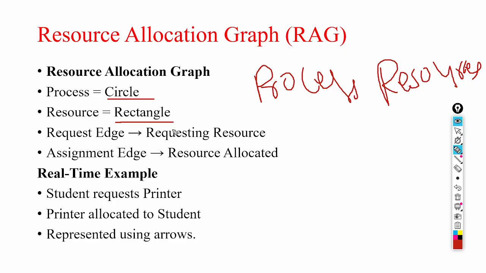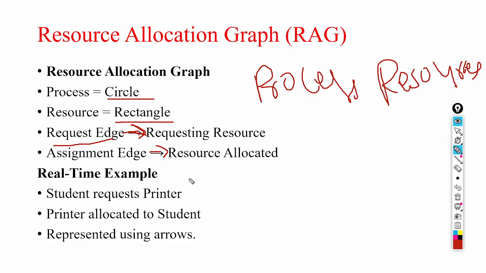If a process requests a resource, an arrow is drawn from the process to the resource. Okay, this is a process and this is a resource. If the process wants to request a resource, the arrow should be like this. If a resource is allocated to a process, an arrow is drawn from the resource to the process.